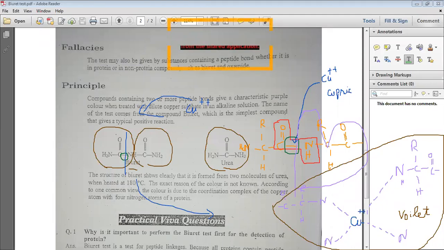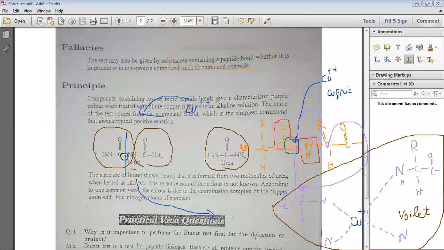But we use this test for the detection of proteins, and proteins have the peptide bond, and this cupric ion would break the peptide bond and make the violet complex, and we can detect the proteins in the sample.